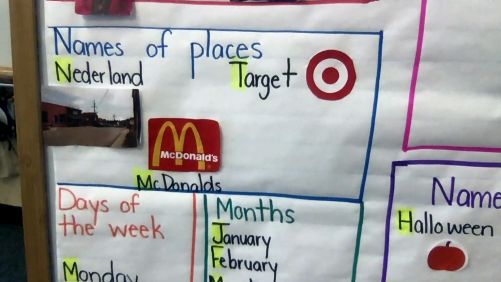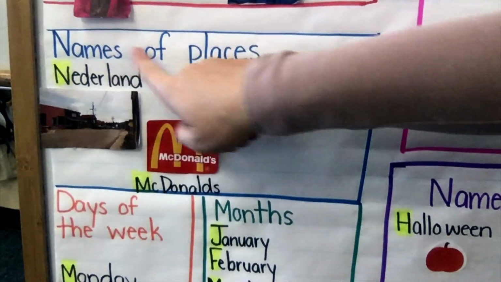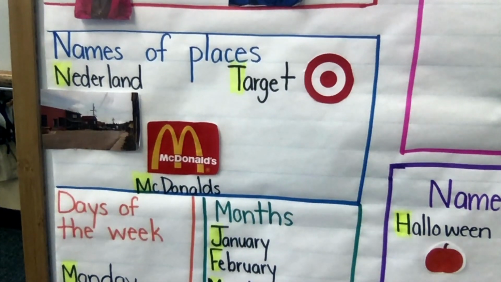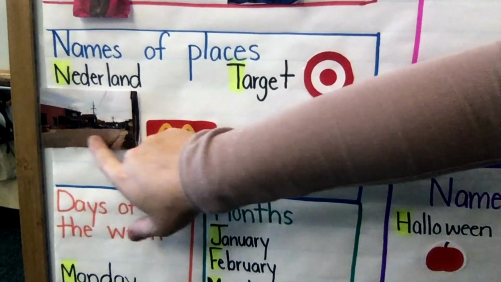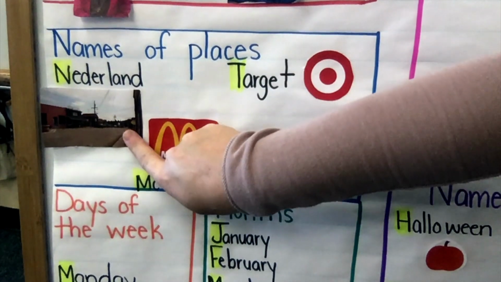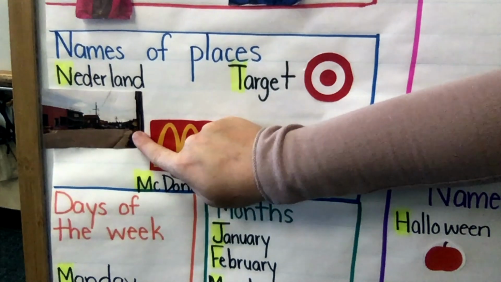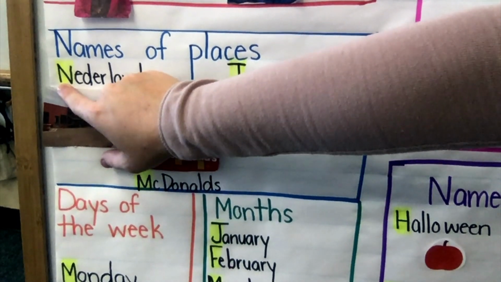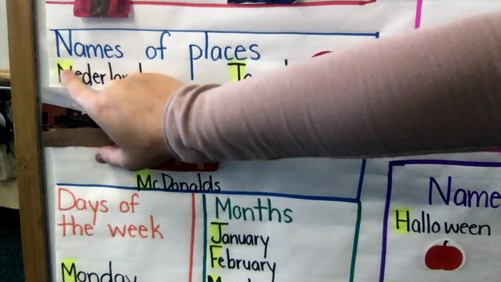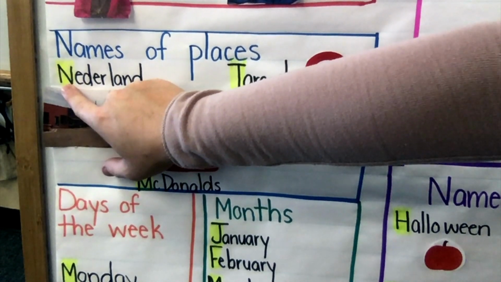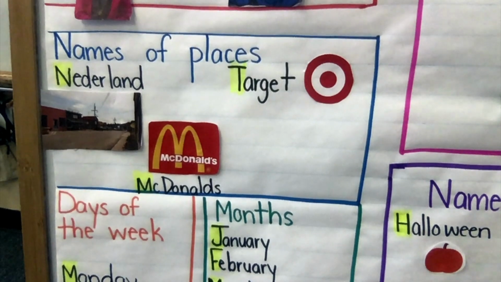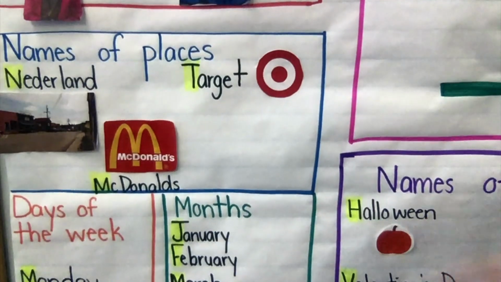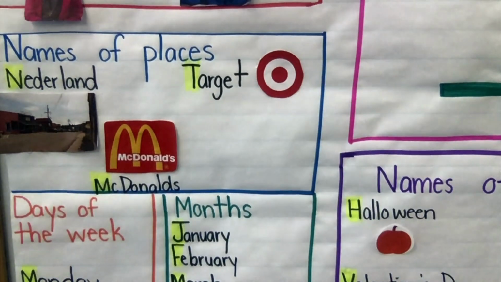Let's keep looking at some things that get capital letters in a sentence. Okay. Down here it says names of places. I don't know if you can tell, but here's the town of, that's right, Nederland. This is where our school is. And Nederland, because it's the name of a place, gets a capital N. And I highlighted the capital N so that you can see. Does anybody know what this symbol is for? That's right.